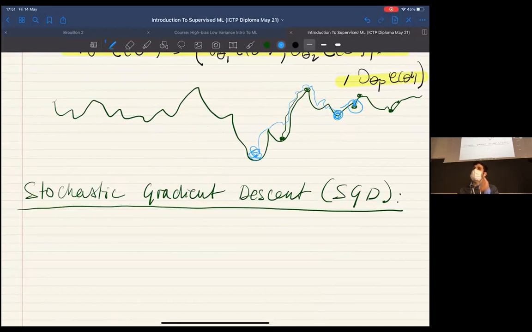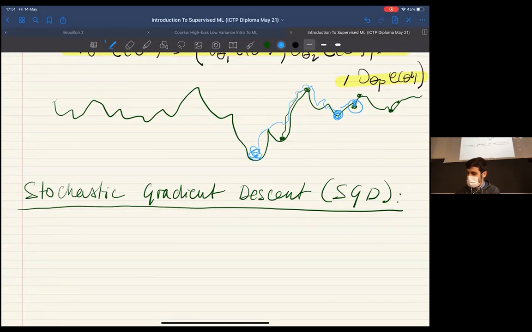Okay, and at the same time, we want the algorithm to be less computationally expensive, okay? We are not able to compute the gradients over all the samples. There are just too many, so we need to face that. And SGD is something very simple.